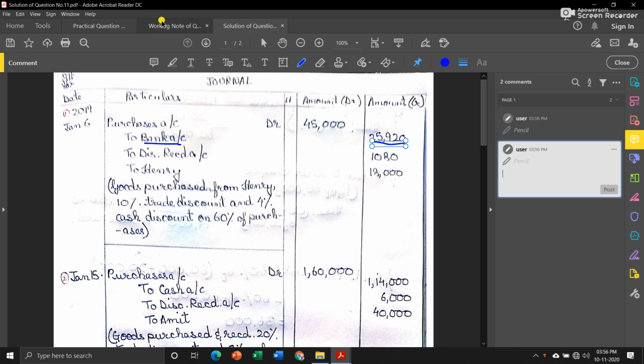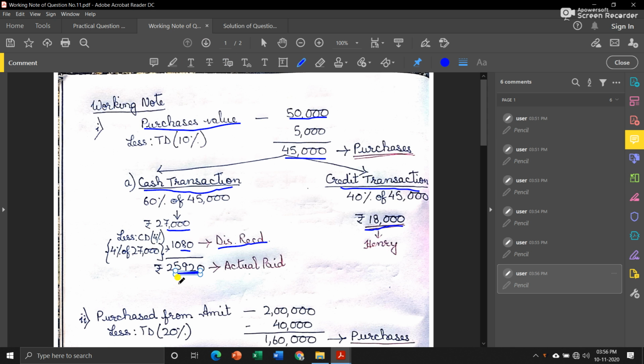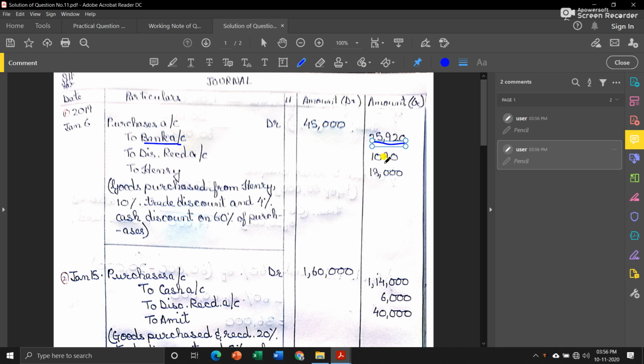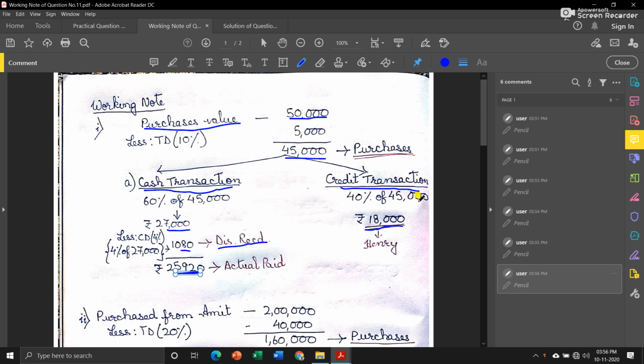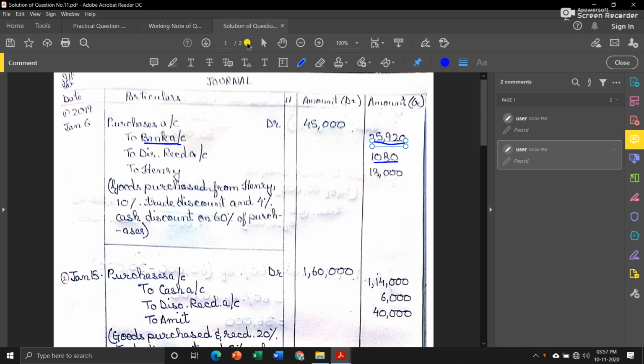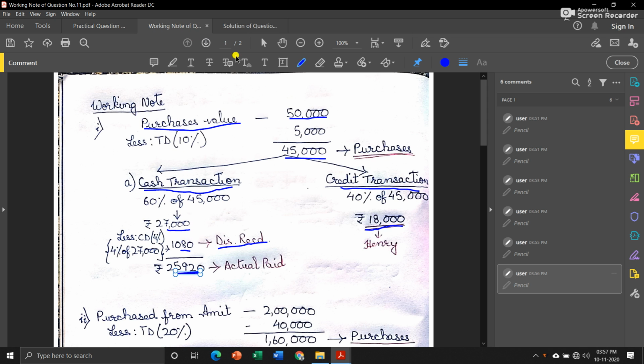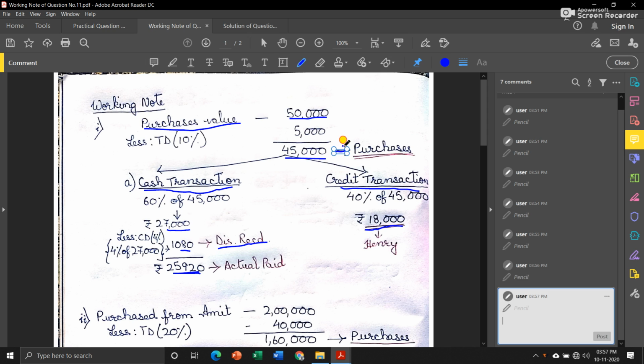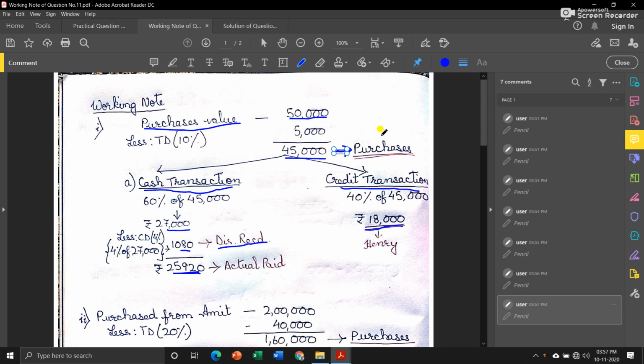Then discount received, as we calculated 4% of 27,000, we got 1,080, so we wrote 1,080 here. Then for the credit transaction part, 40% of 45,000, we will write 18,000 on Henry's side. So after adding all these 3, we got 45,000, which is nothing but our total purchases amount.